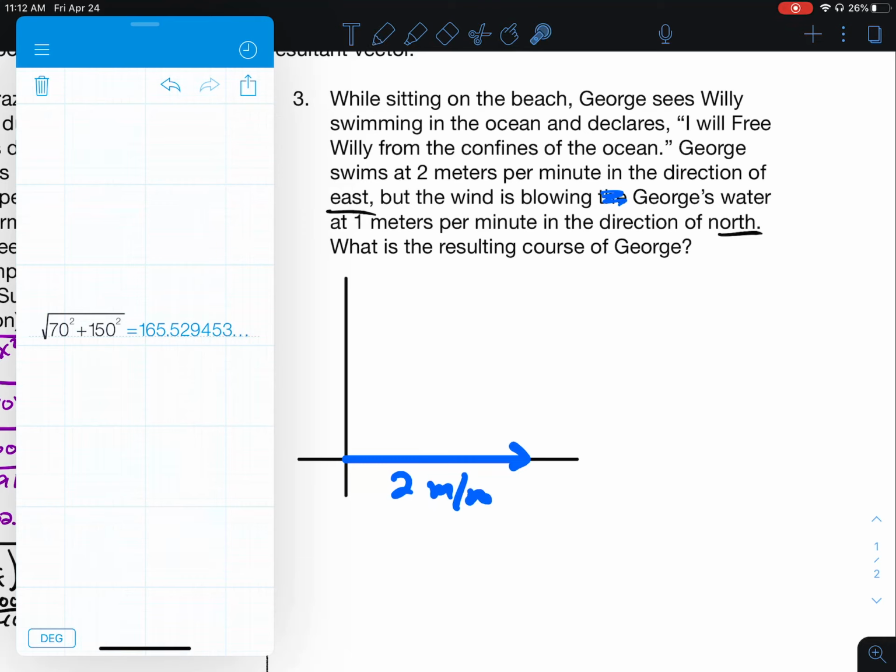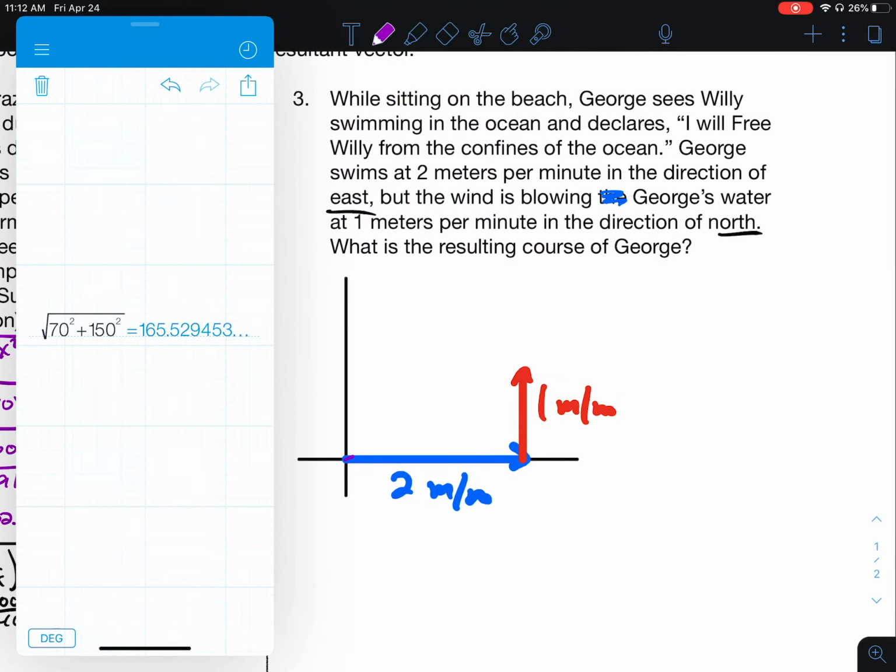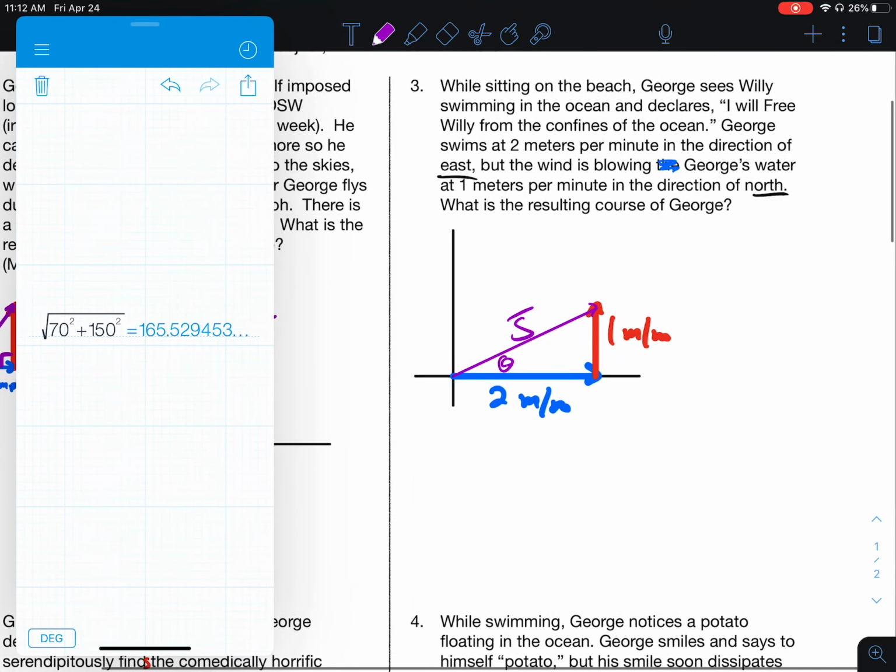And then I could draw my other vector here, which would be fine, but I'd rather have a reference triangle, so I'm going to draw it out here. 1 meter per minute north. The resultant vector that we're looking for would be this resultant vector here. This is theta, and the magnitude that we're trying to find, let's call this vector s.